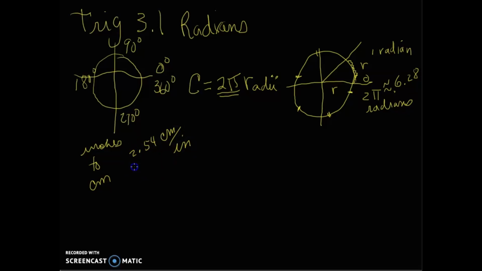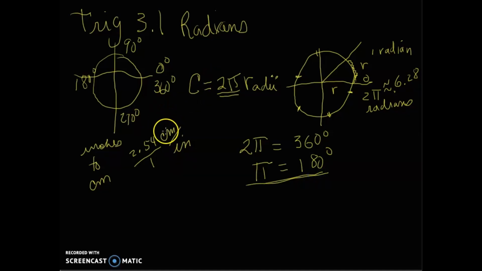Or you can do 1 over that if you want inches per centimeter. Well, because we know that 2 pi is 360 degrees, they are really the same as far as the circle is concerned. But we don't need the 2 in there, so we'll divide both sides by 2, and we'll get pi equals 180 degrees. This is going to be our ratio, pi over 180, or 180 over pi, just like this is the centimeters over inches, or inches over centimeters, feet to yards, things like that.